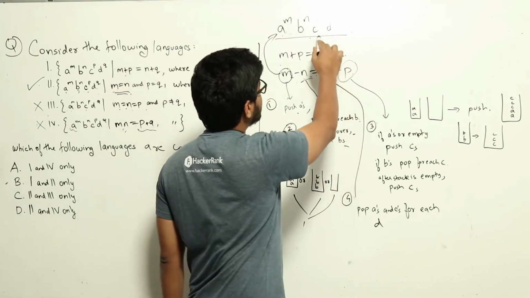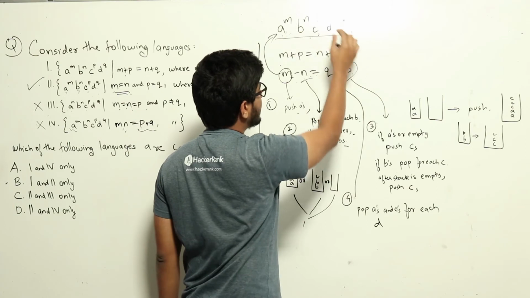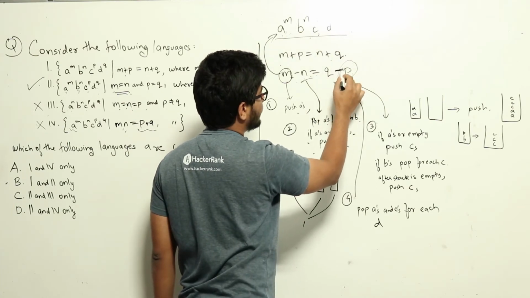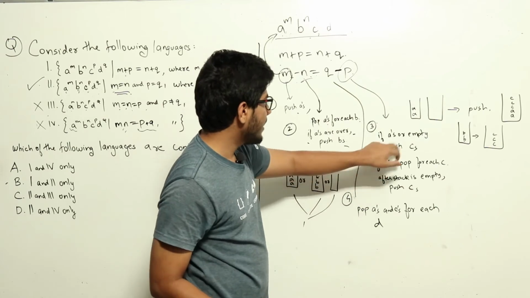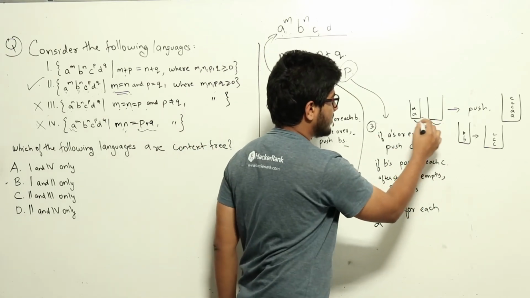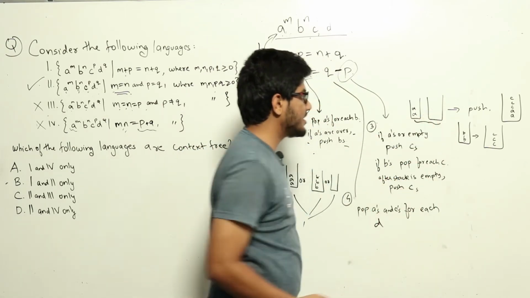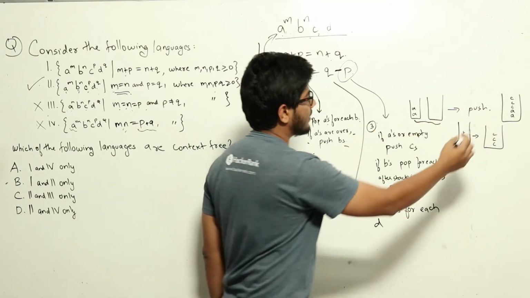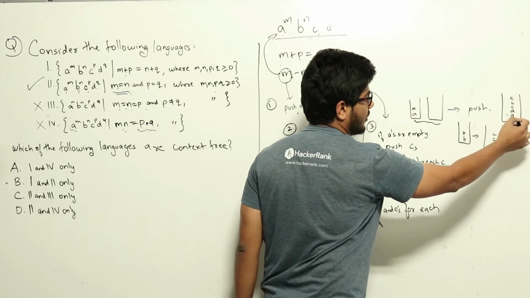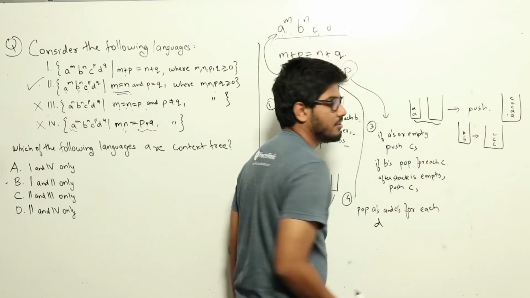After that we will start seeing C's here. For C it is P here, and the formula here is minus P. So if the stack has A's or the stack is empty, we will push all the C's which we are seeing. So the stack will look like 0 or more A's at the bottom and then C's on the top.